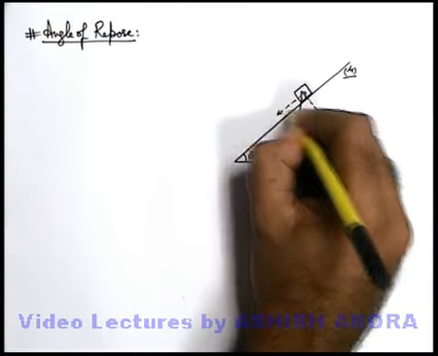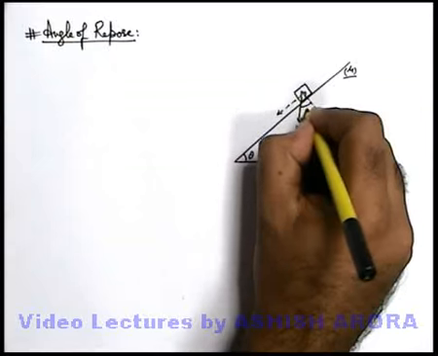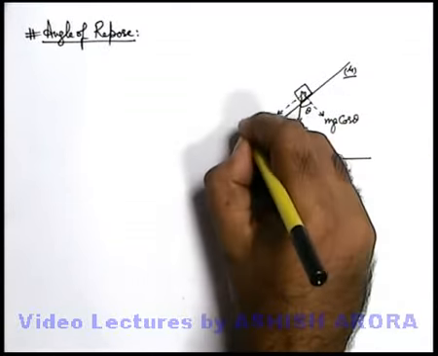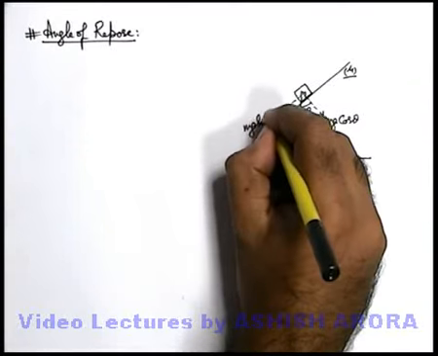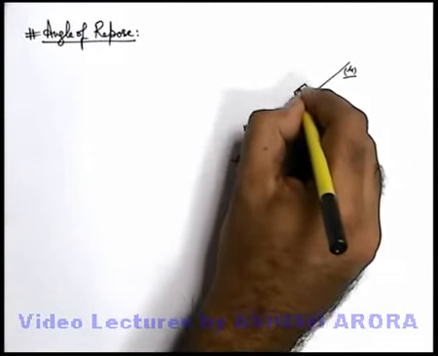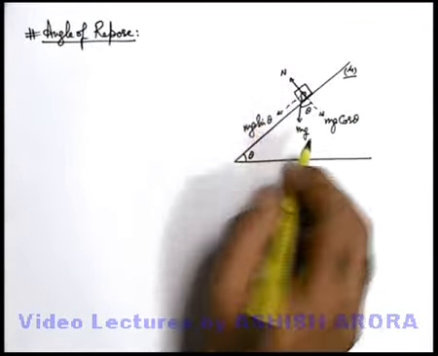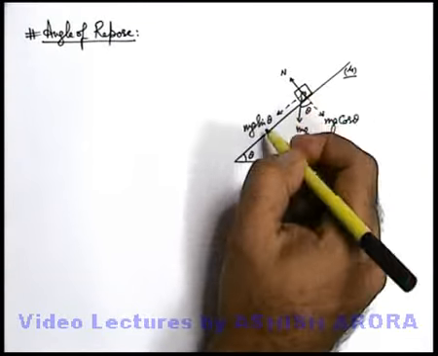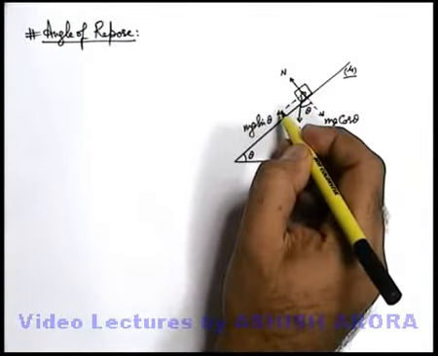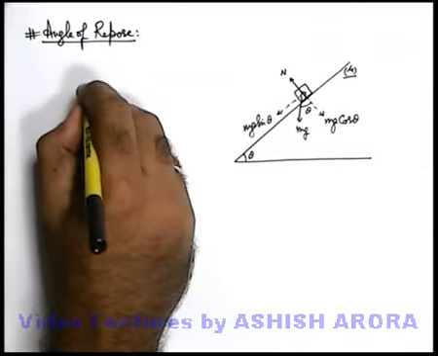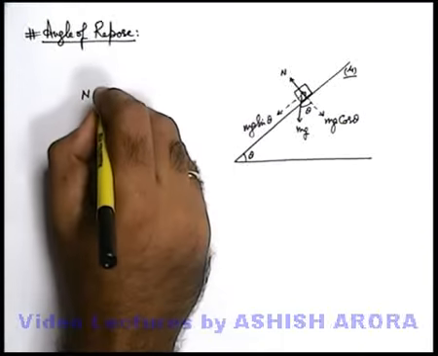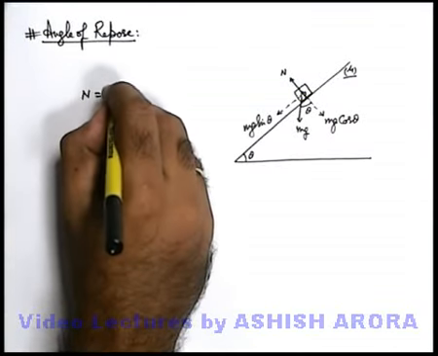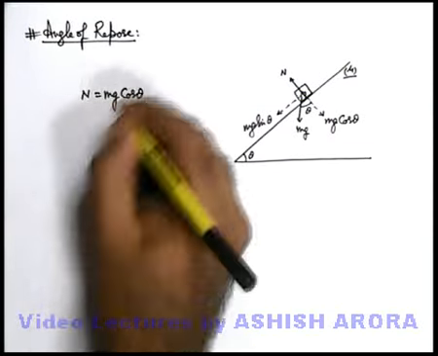Along normal to the incline and parallel to the incline, the force components are mg cos theta and mg sin theta respectively. Here the normal reaction will be balanced by mg cos theta, and as the body is only allowed to slide along the plane, for equilibrium perpendicular to the inclined surface, N is equal to mg cos theta.